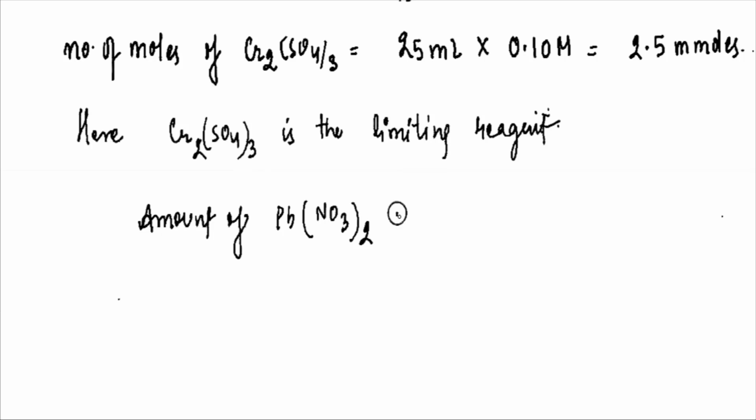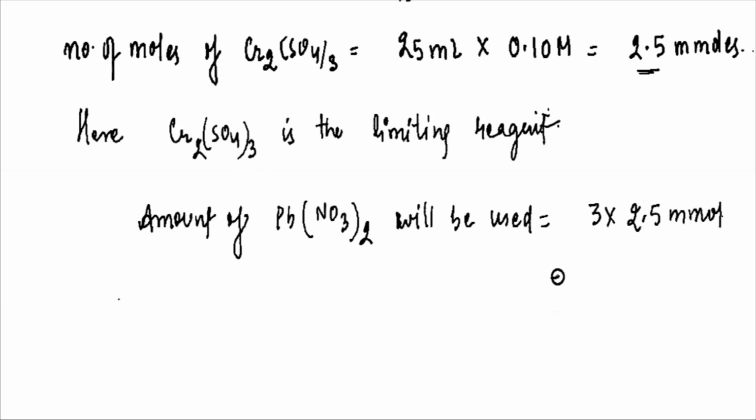So the amount of lead nitrate used will be equal to thrice the moles of chromium sulfate that we have, so that is 2.5 millimoles, right? So this will be equal to 7.5 millimoles, correct?